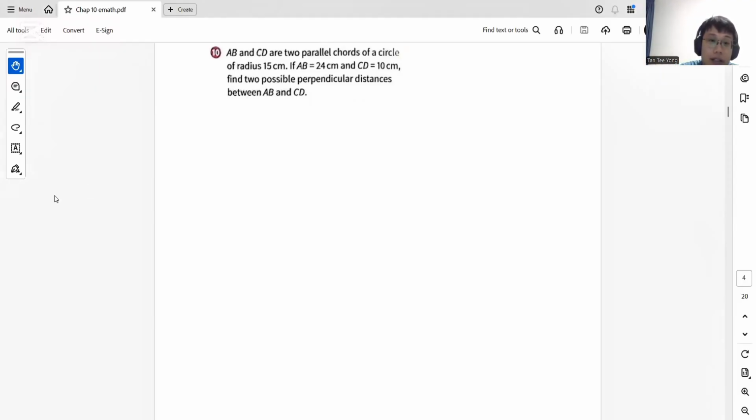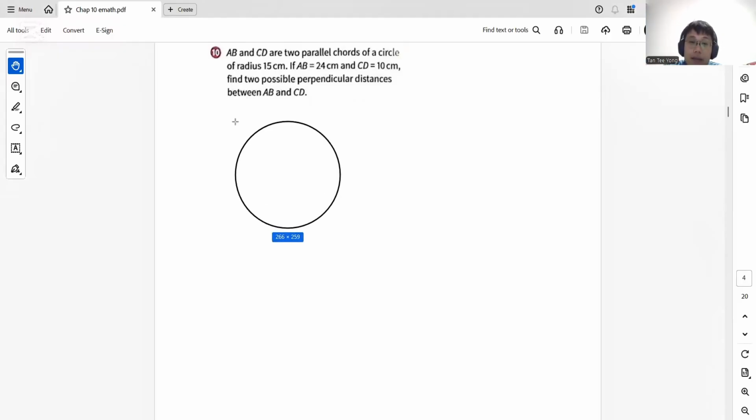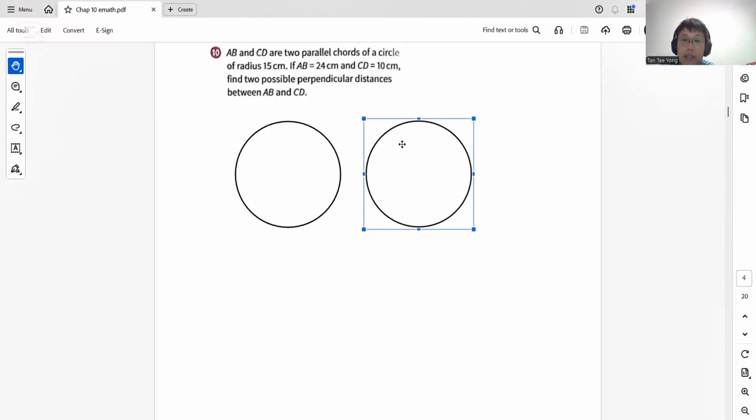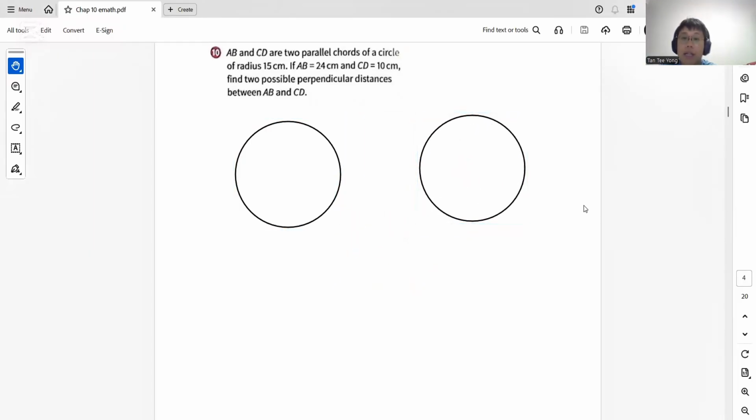So let's draw a circle. Okay, and then let me try and duplicate this also. Okay, yeah. Okay, so center, this, this. Okay, so they say that AB and CD are parallel chords lah.